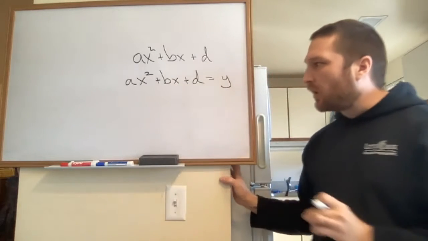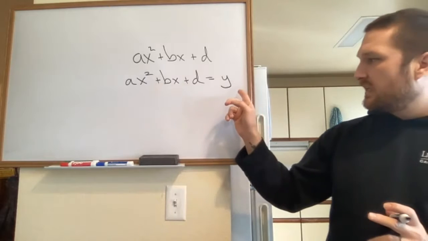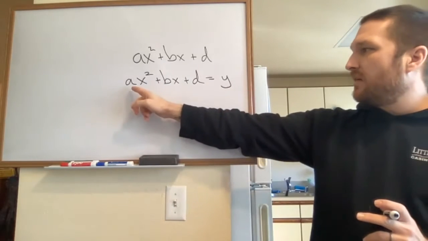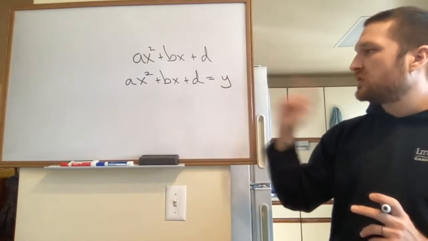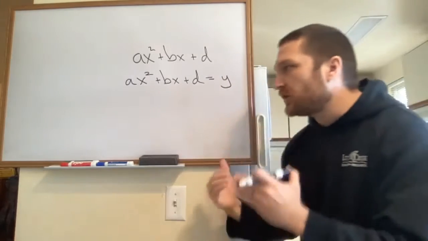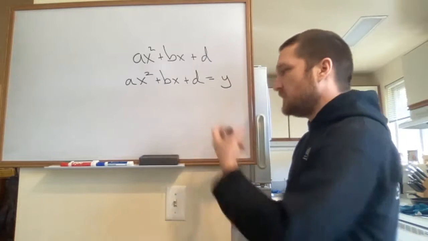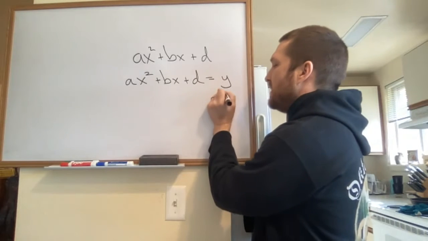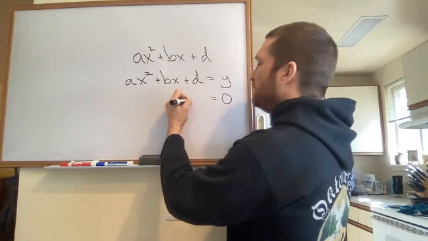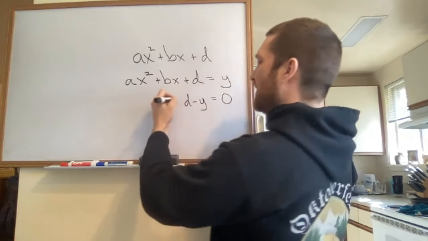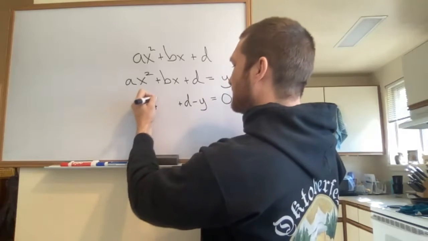And I said before, this is what we were saying, that when you are in this type of situation where you have a quadratic equal to something, it's usually much easier to say, well, you know what I could do? I could rewrite this. Since D is just a number and Y is just a number, I can rewrite this guy like this.